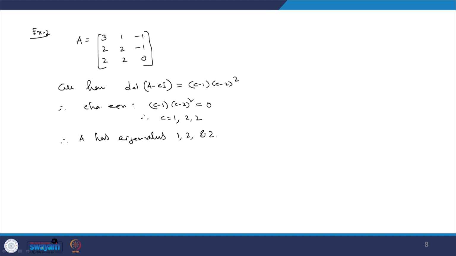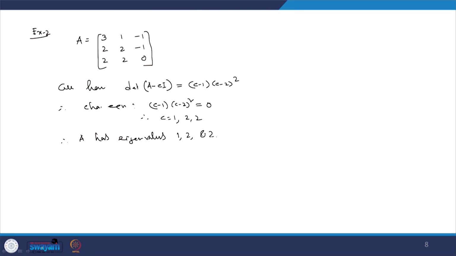To say that 1 is an eigenvalue of the matrix A means I have to show that there exists a non-zero vector alpha such that A alpha equal to 1 into alpha. Similarly, to claim that 2 is an eigenvalue of the matrix A means I have to show there exists some non-zero vector beta such that A beta equal to 2 beta.